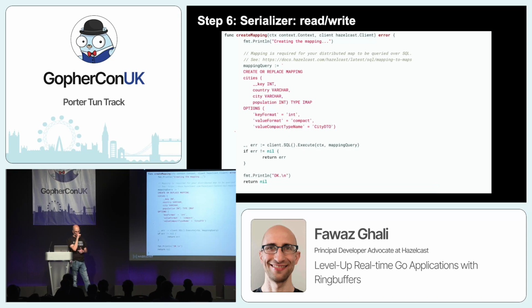In my case, I'm defining country, city as varchar, population as integer, and from here it's possible to store the data in memory. Obviously, when we deal with a large number of events, we need to make sure we're able to read this data not only through Go, for example, but also to use some other languages as well. So you can connect your Go application to SQL, for example, and SQL allows you to run advanced analytics on the same structure.